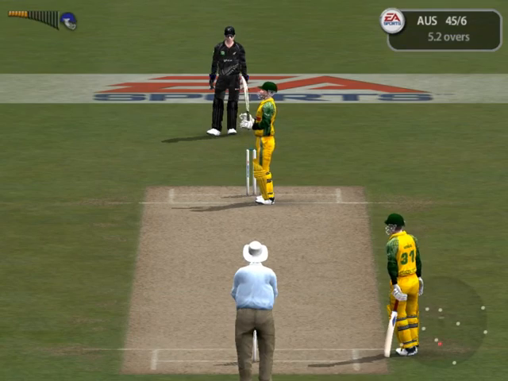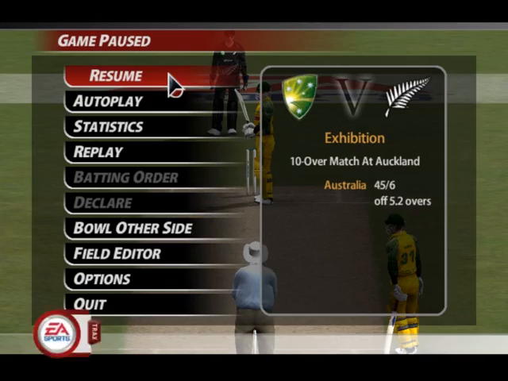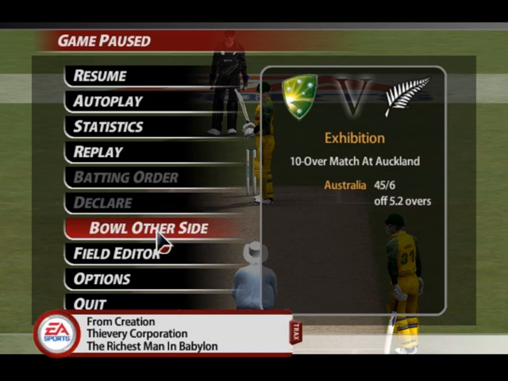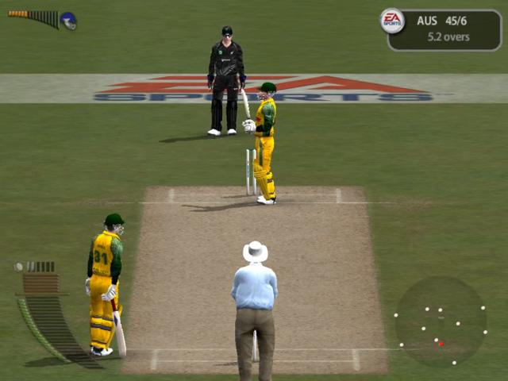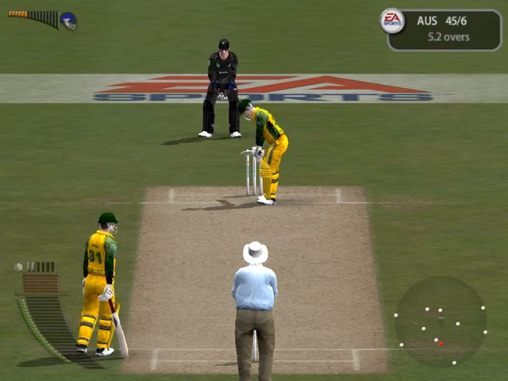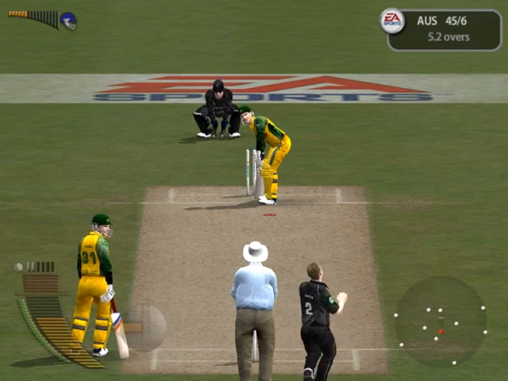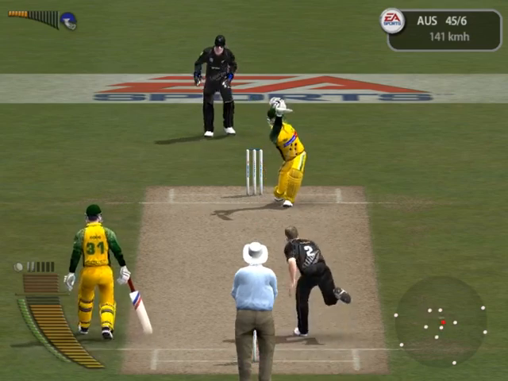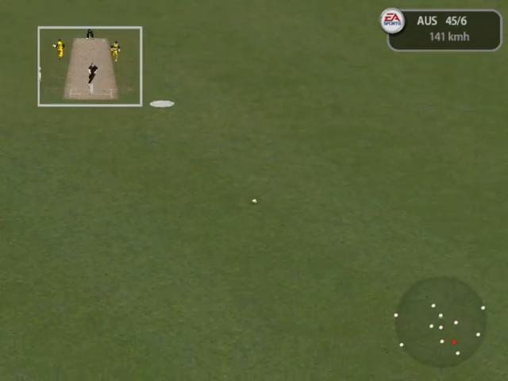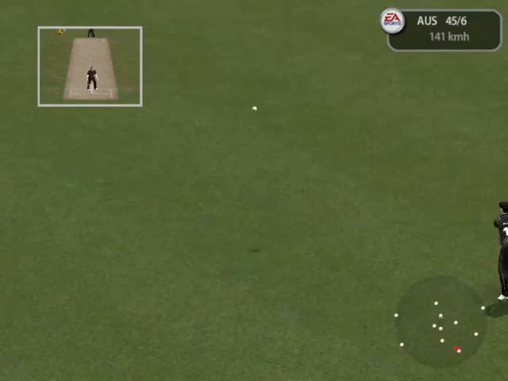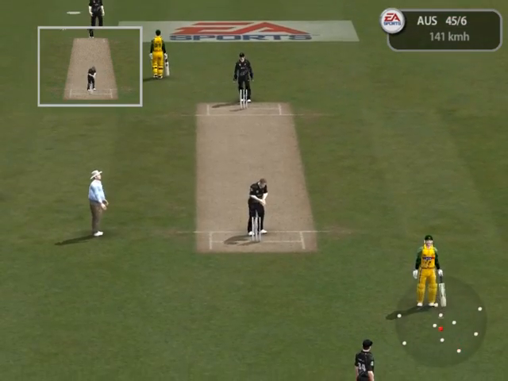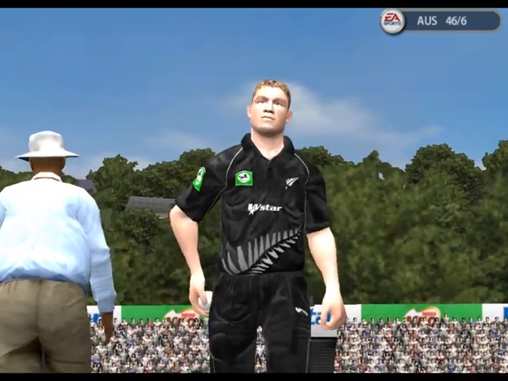Butler, the ball to Martin. Butler is switching to round the wicket. Played into the gap. McMillan got it long on. It's the first boundary for Martin.